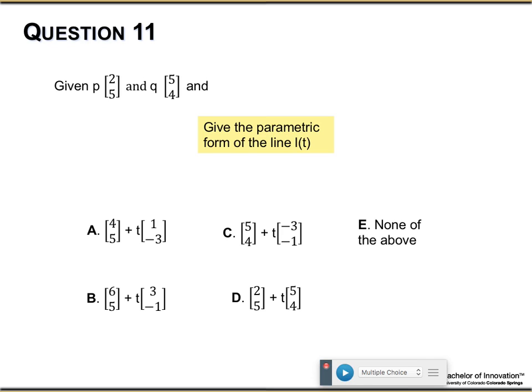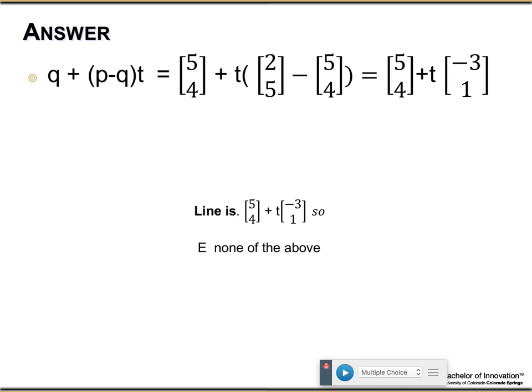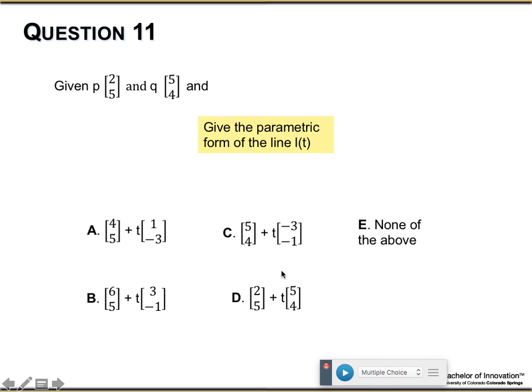Okay, most people did get this one, right? We take Q minus P, minus Q times T. Work that all out, and it's 5/4 plus T times minus 3, 0, 1, which is E, none of the above. A couple people were suckered in by C, where I have a -3 -1 instead of a -3 1.